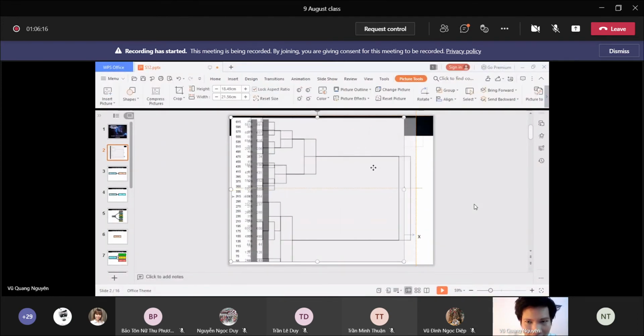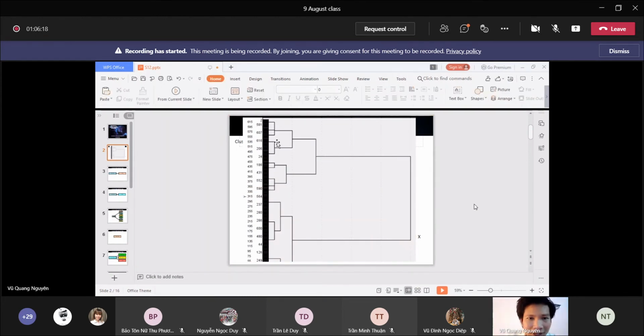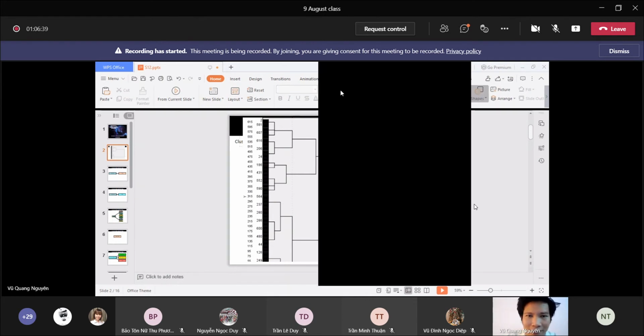Look at the dendrogram. Now how to use this? This one shows you the same thing as the agglomeration schedule. It's how they combine the groups together. Now, how to use this dendrogram to decide how many clusters we will have?